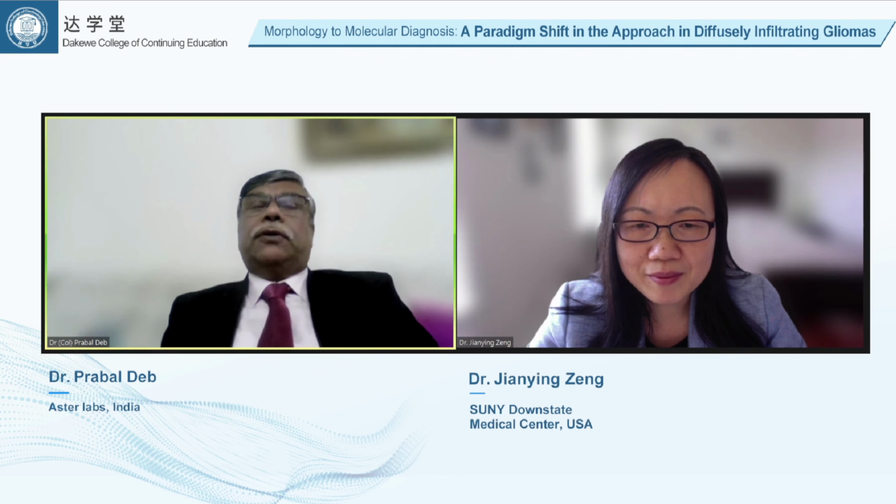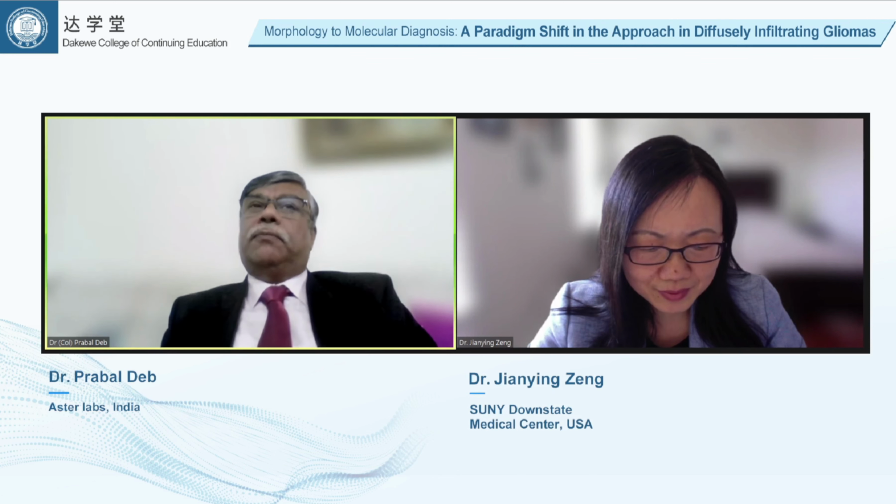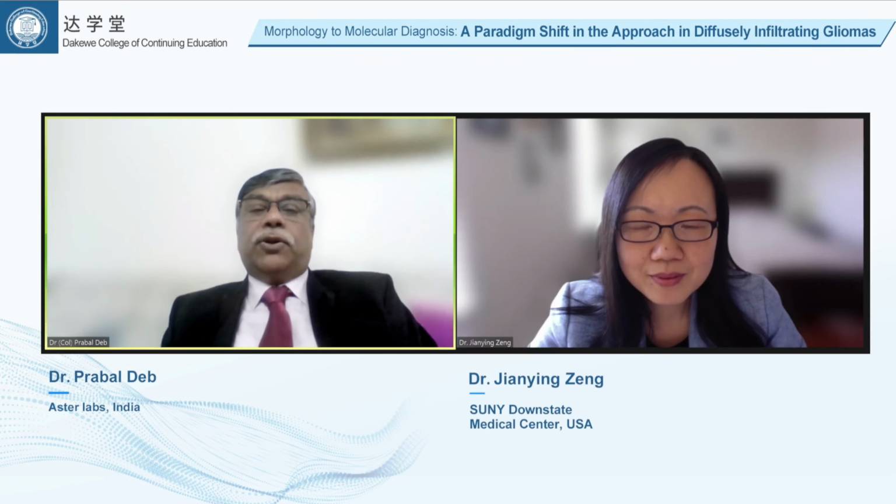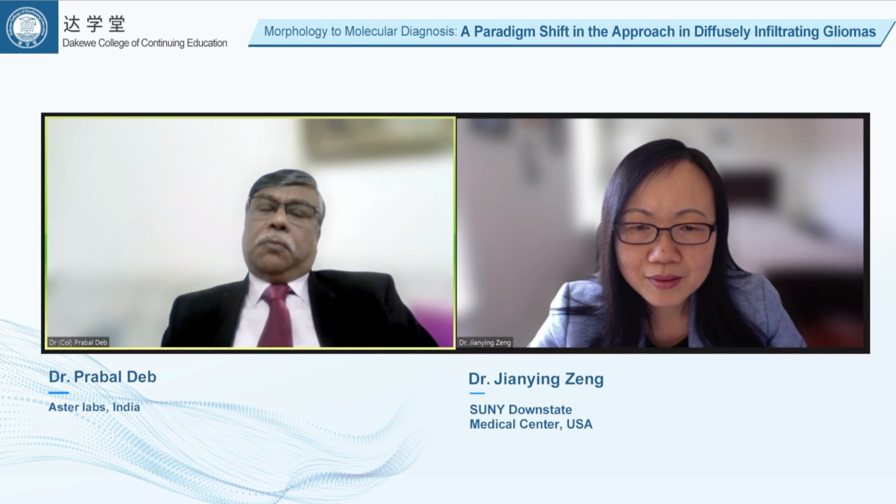Apart from very few centers, I've really not correlated with the molecular P53 mutation. It's been quite some time, but I had a very good correlation with the molecular P53.